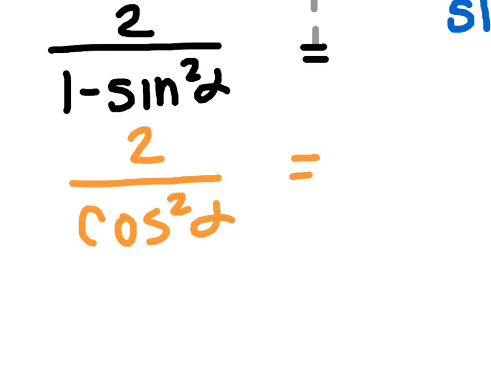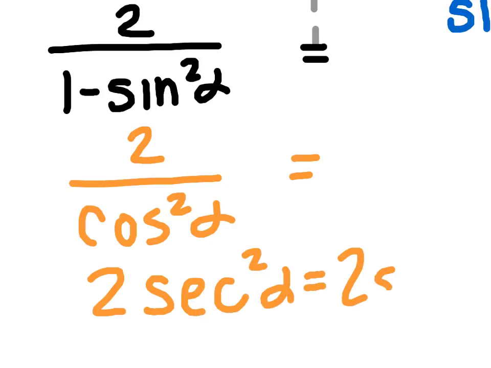Now, we don't have our two sides that are equal to each other yet, but I know 1 over cosine is equal to secant, so 2 over cosine squared is equal to 2 secant squared. Now we have both sides of the equation looking exactly the same, so we have solved this problem.